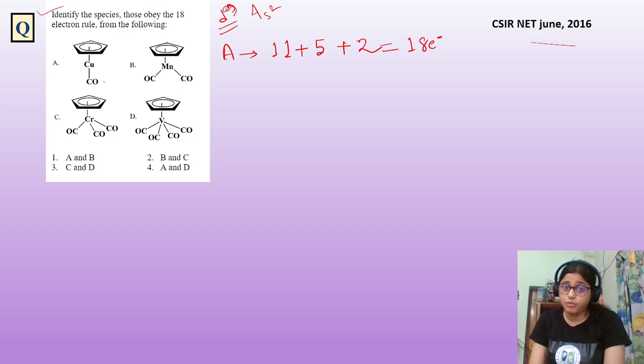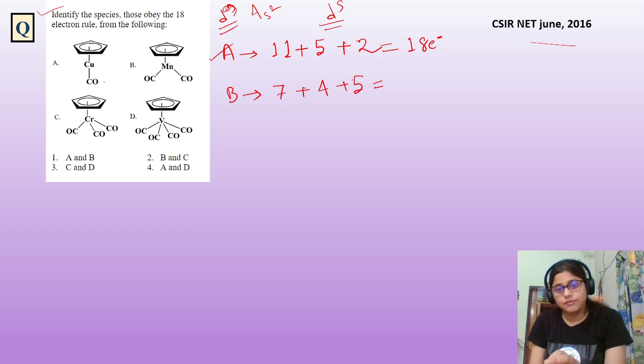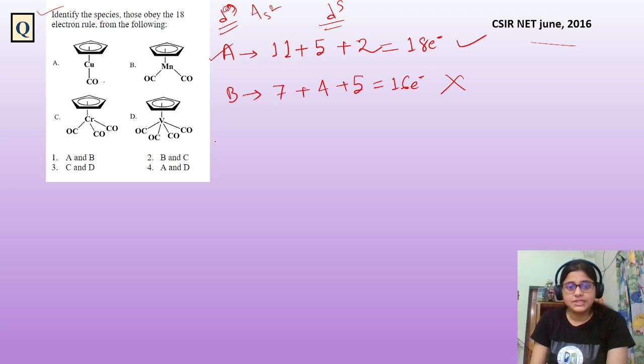Fine. So it is obeying. A is correct. B, manganese, it is d5 configuration. d5 4s2 means 7. 2 CO groups means 2 into 2, 4, plus 1 Cp, 5, so 16 electrons. So it is not obeying.